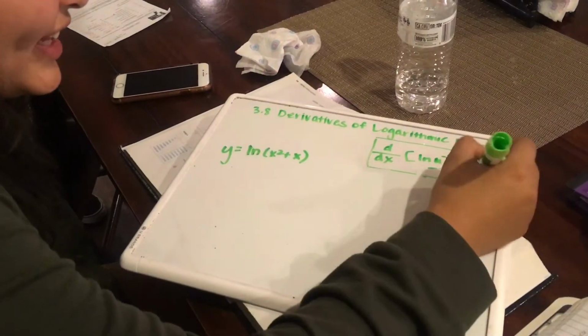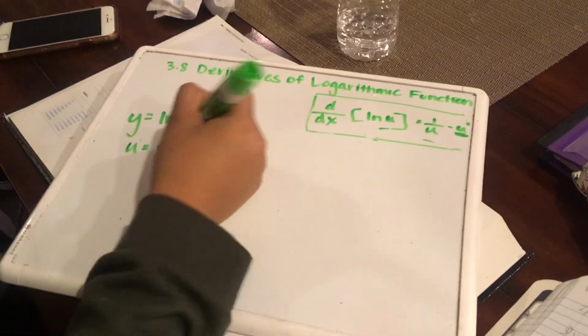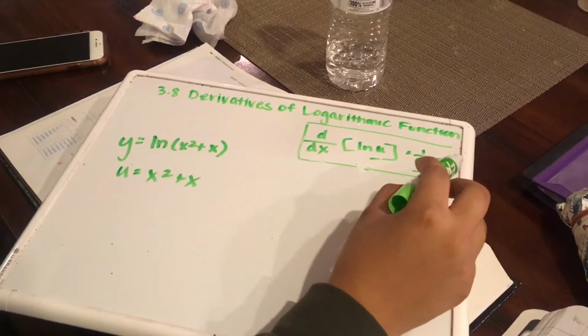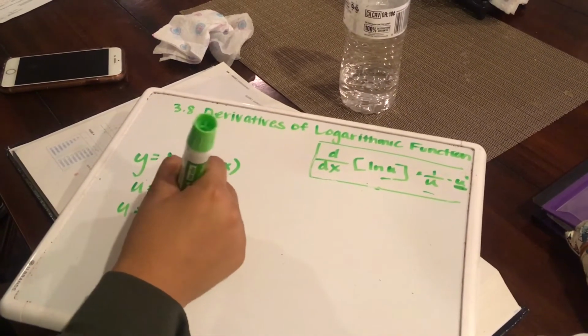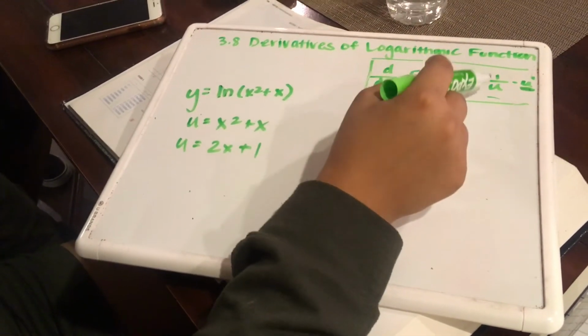Our u in this formula would be x squared plus x, and in the formula it also says to find the derivative of the u, which would be 2x plus 1. So now what we're gonna do is plug these two into this equation.